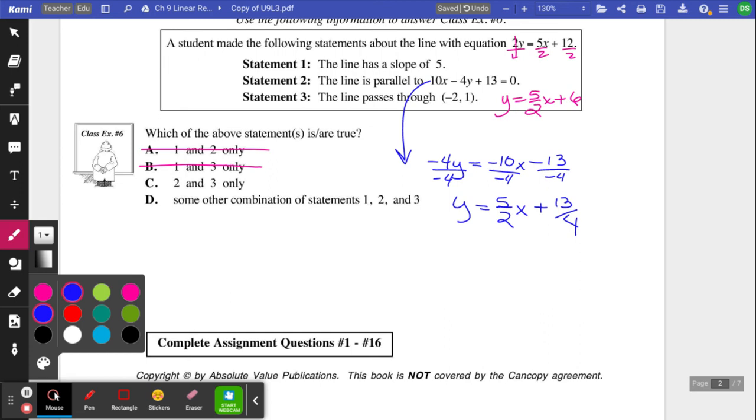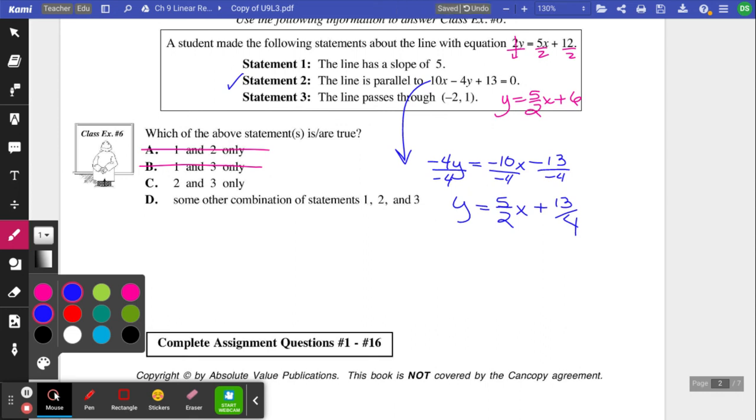Same slope. Parallel is same slope, going side by side, never crossing. Do they have the same slope? Yes, so this one is true.